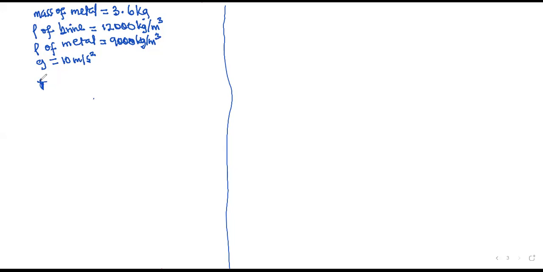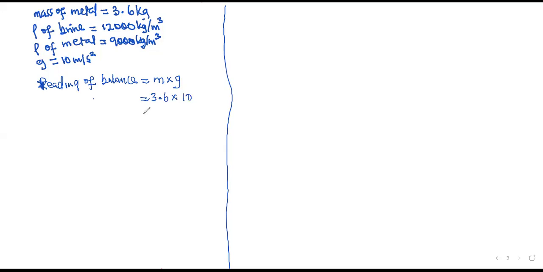So reading of balance must be equal to the mass times acceleration due to gravity. The mass is 3.6 kilogram, acceleration is 10.